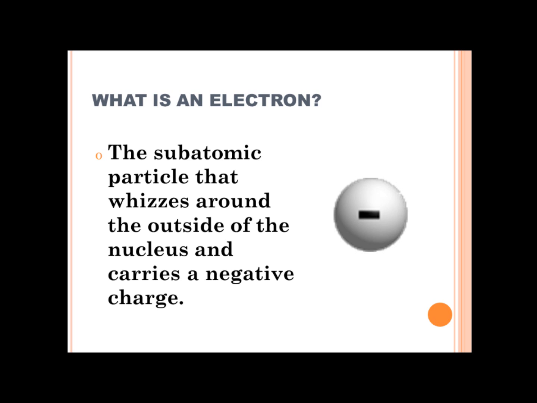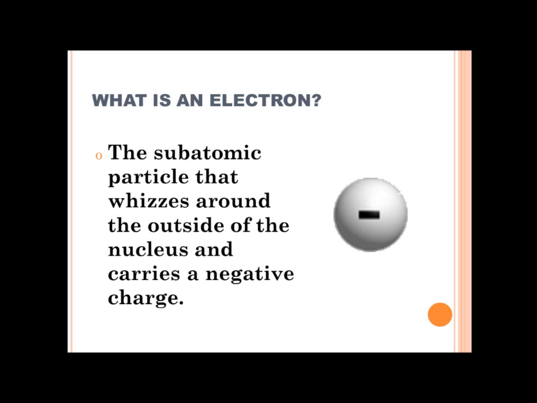So I use the word whizzes, or you could say buzzes, or flies, or spins, but basically electrons just whir around the nucleus, but they're not inside the nucleus like a proton and neutron are.